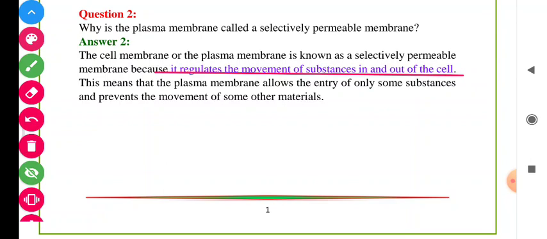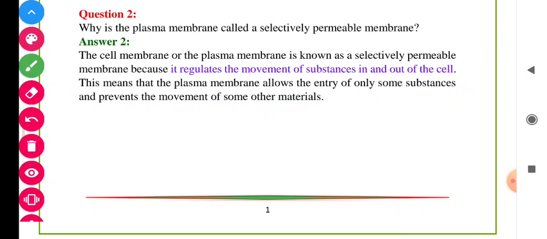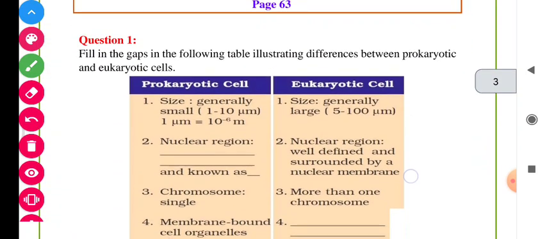Each and every substance is not allowed to enter inside the cell, and this means the plasma membrane allows the entry of only some substances and prevents the movement of some other materials. That is why it is called a selectively permeable membrane. I hope that you understand it very well.